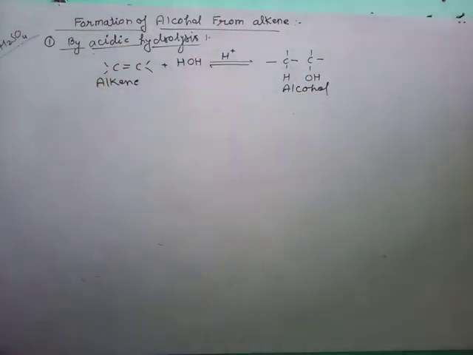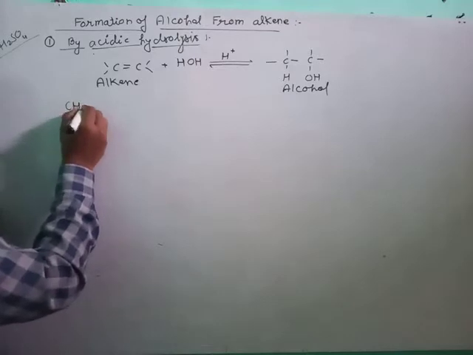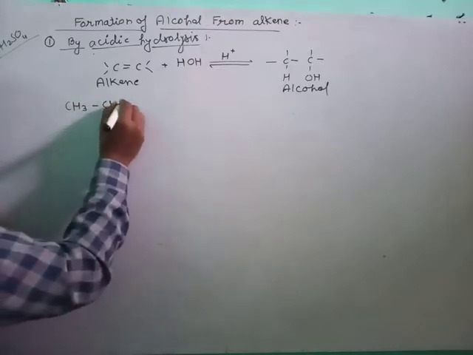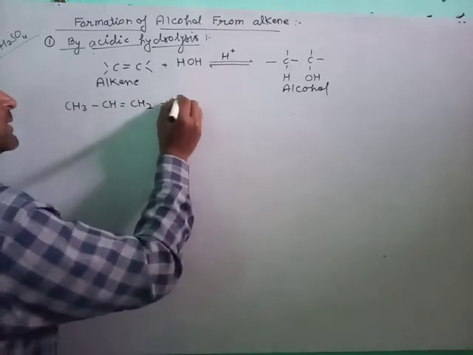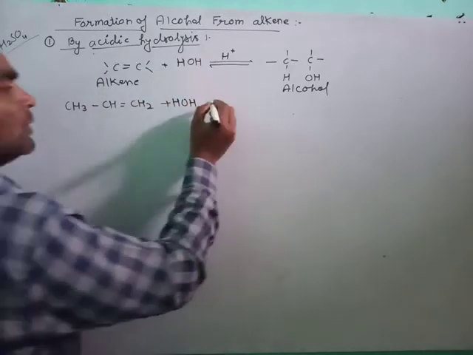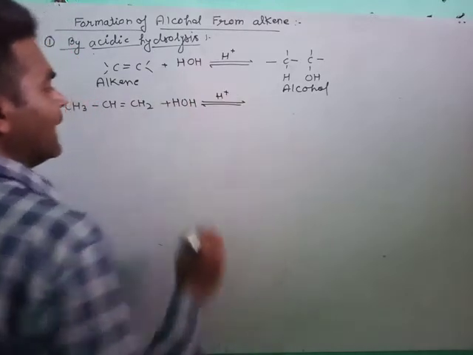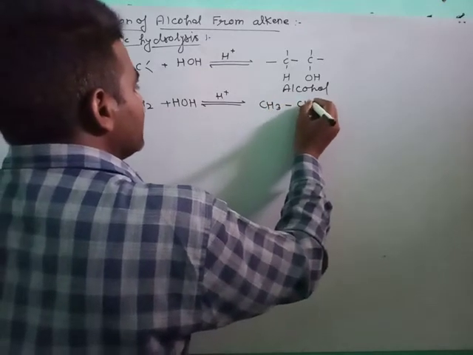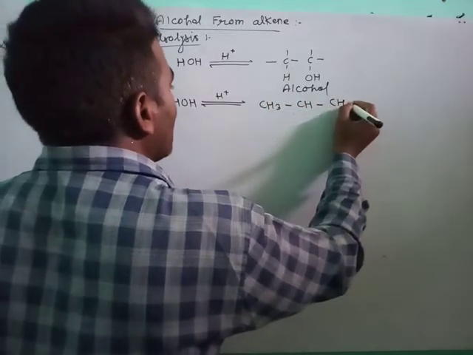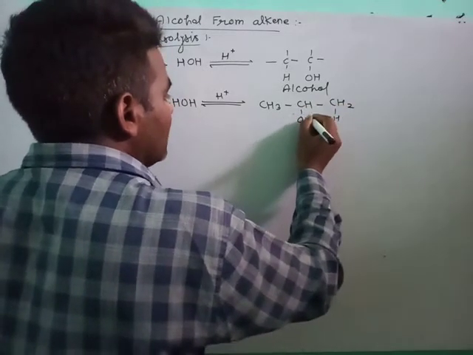If we see this type of reaction in another example, suppose we have propene, CH3 CH double bond CH2, plus HOH, a water molecule. It undergoes hydrolysis and forms CH3 CH CH2, H and OH.